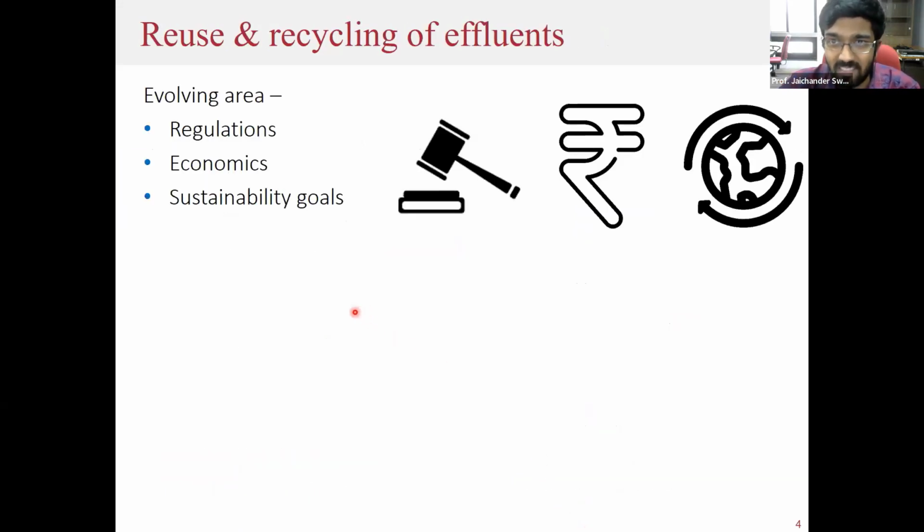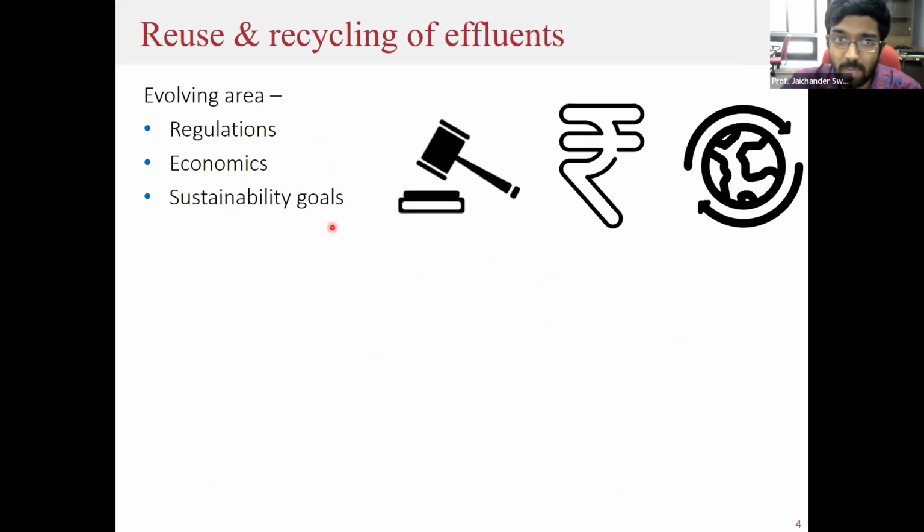The extent to which resource recovery and recycling is going to be implemented in industry is going to be affected by several factors. First of all, as I mentioned, regulations play a key role. So we'll look at zero liquid discharge in particular, which is being mandated on several industries. The economics then also come into the picture, because once the regulations are there, how cheaply they can do it is also an important objective.